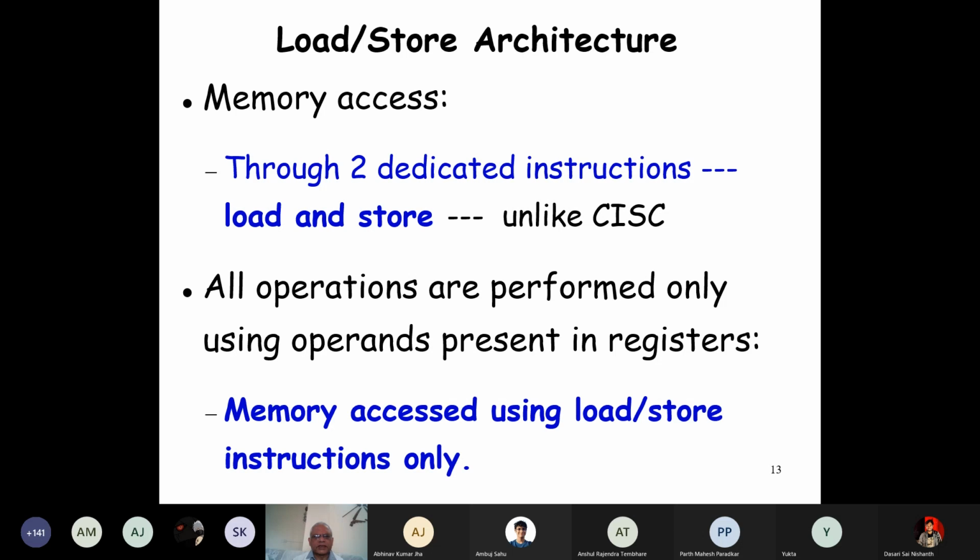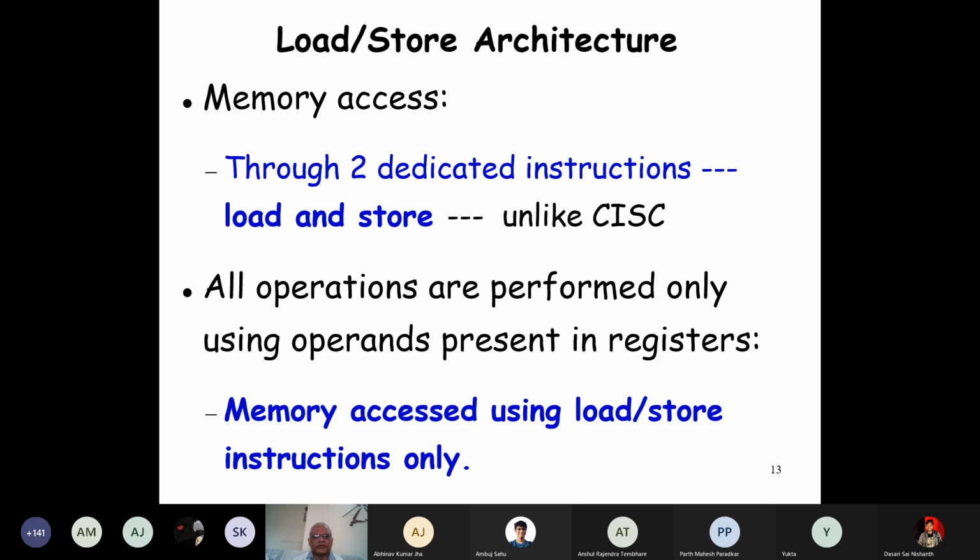The RISC processors are also called load store architecture. And why we call it load store architecture is because for all memory accesses, that is, to read memory operands and store results in memory, we use only these two instructions, load and store. We cannot have a memory address as part of an ADD instruction. An ADD instruction will only have registers. So register direct addressing for all those ALU operations.